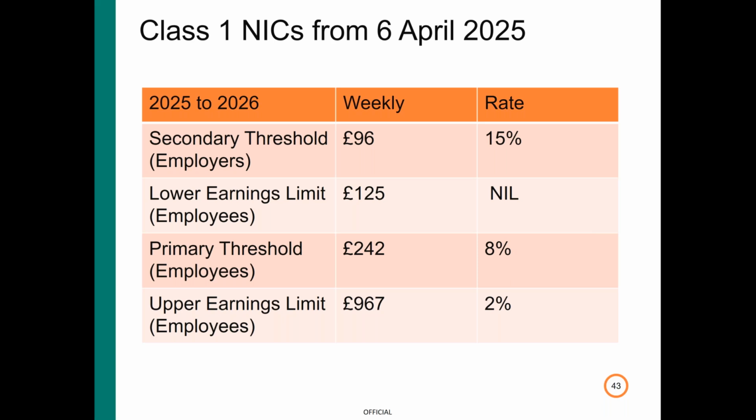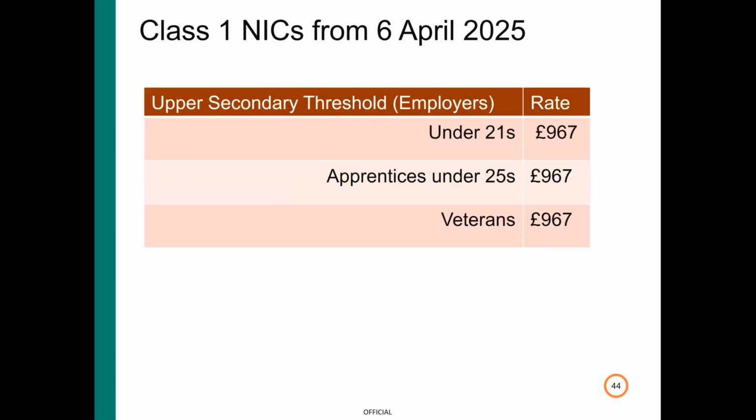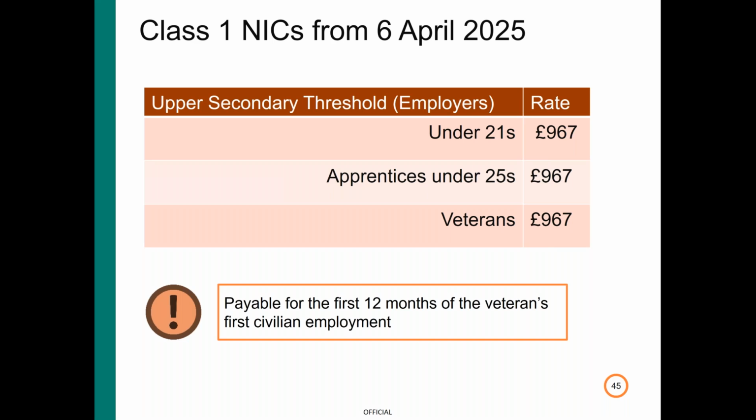The employer's upper secondary threshold in respect of employees under the age of 21, apprentices under the age of 25, and veterans stays at £967 per week. Please note that the NICs relief for employers who hire former members of the UK Armed Forces has again been extended until 5th of April 2026.